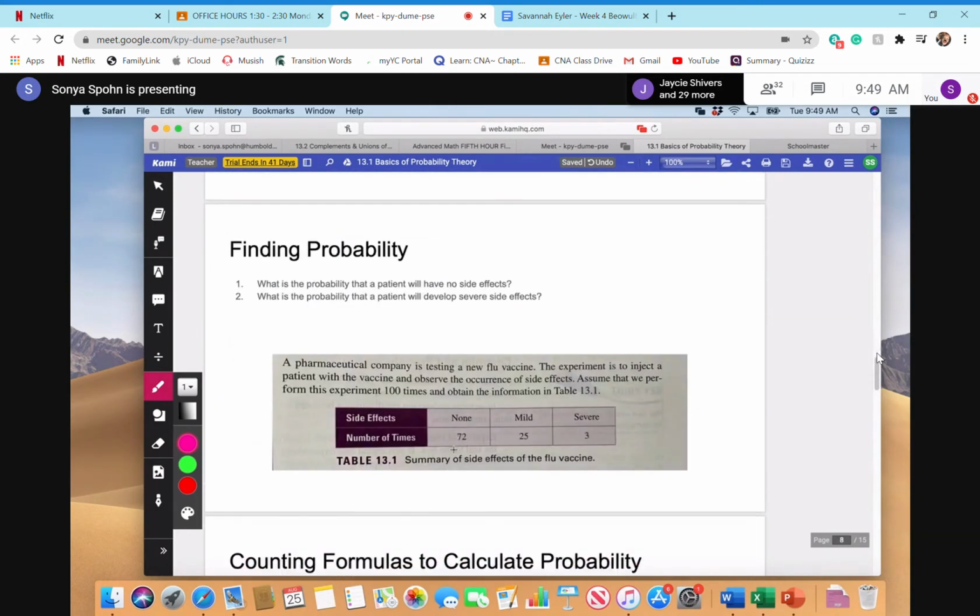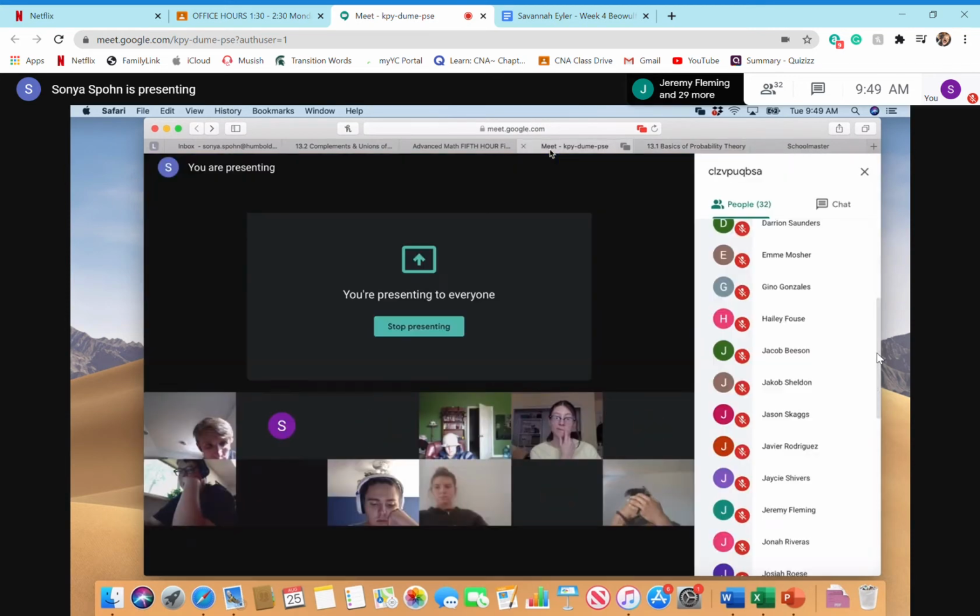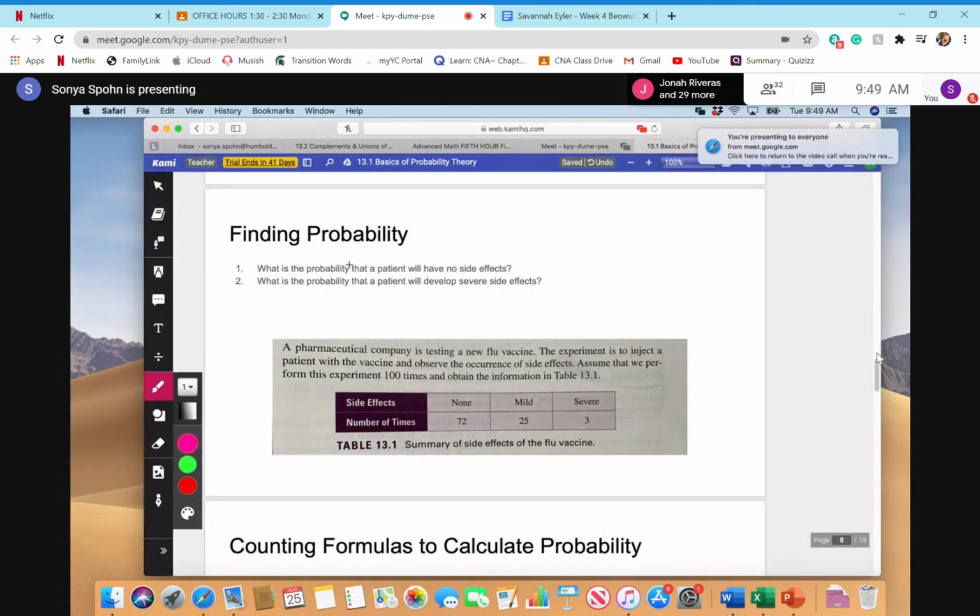All right, so let's do the probability with this chart. Everybody with me? Sleeping? All right. So it finds 2 probabilities based on this chart. It gives us this big wordy thing. A pharmaceutical company is testing a new flu vaccine. The experiment is to inject the patient with the vaccine and observe the occurrence of side effects.